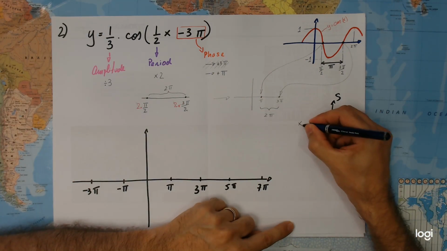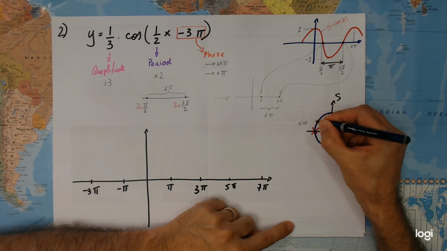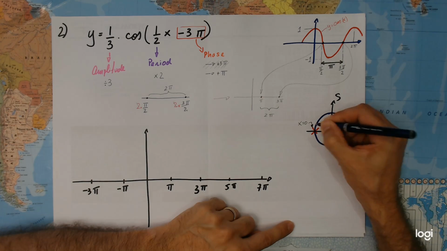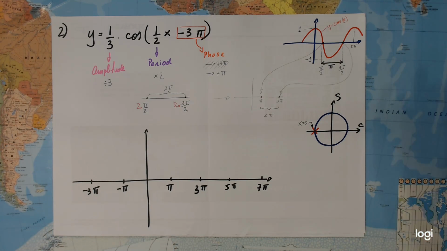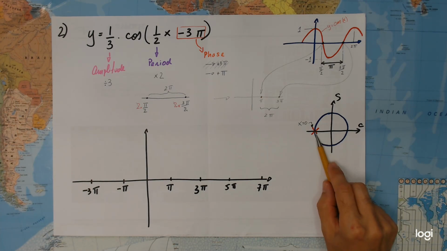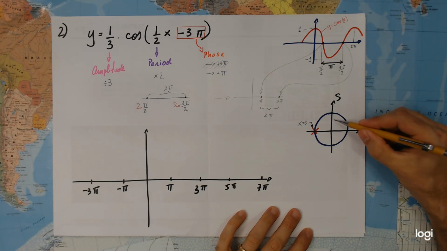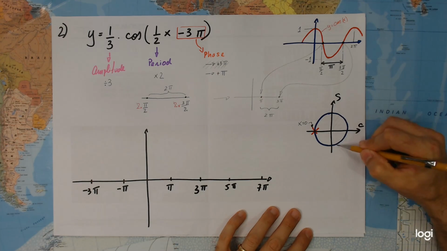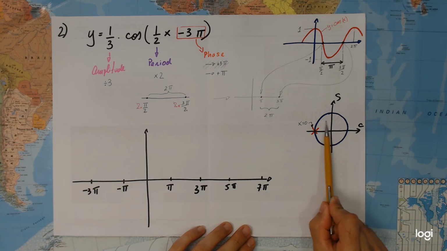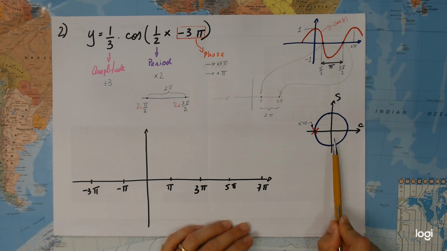This is going to be where our x equals 0. This is going to be our starting angle. Remember? Okay? We start at negative cosine, because everything in here is positive, and everything in here is negative for the cosine.